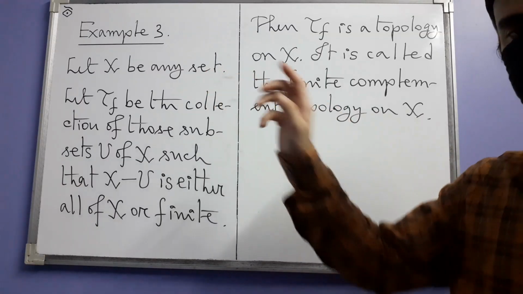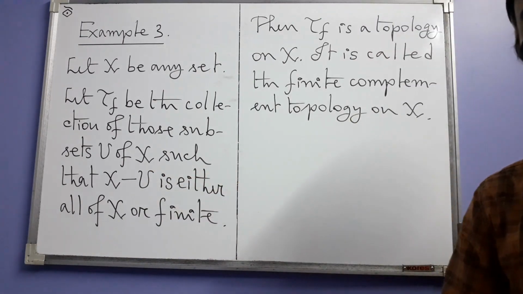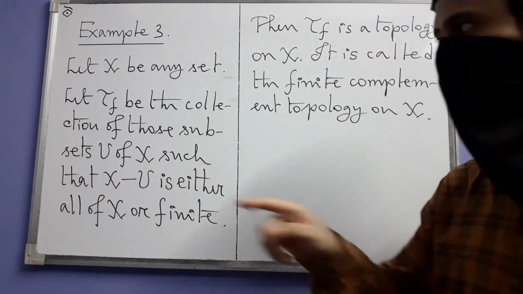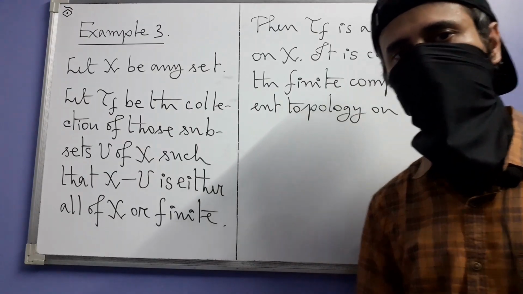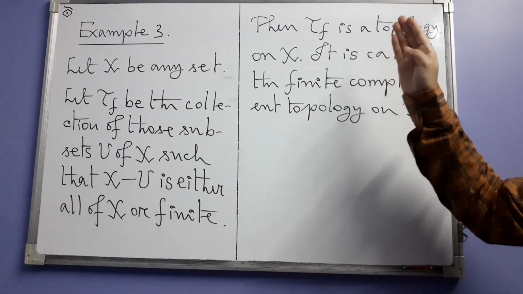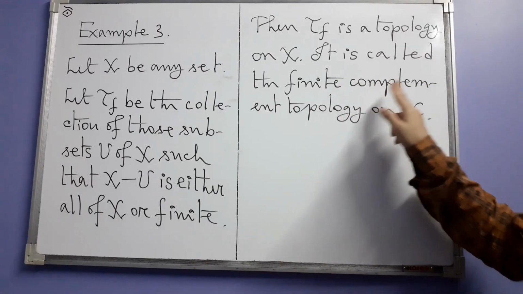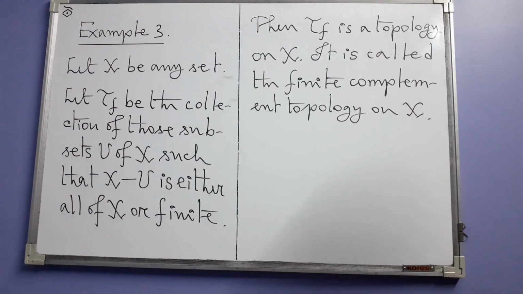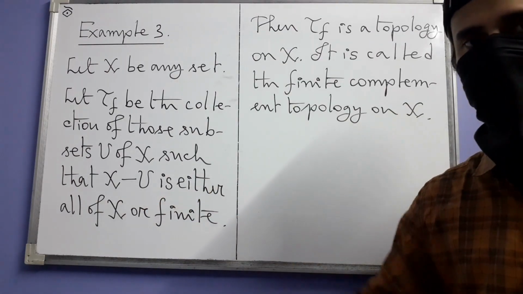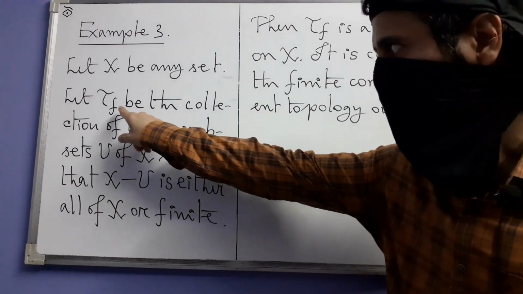The original X may not be finite, but this is the condition for a subset of X to be an element of tau f. Then it turns out that this is also a topology on X, and it's called the finite complement topology on X because of this condition that the complement has to be finite, and that is why here you see F.